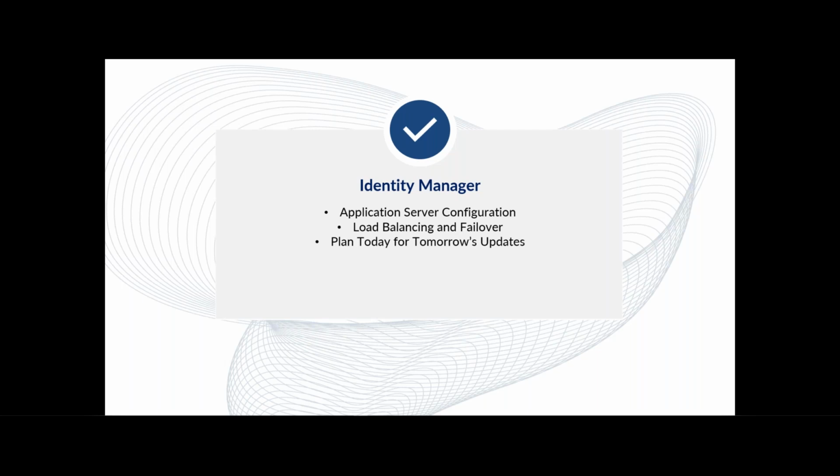So when you're doing installs, one of the key things that we see quite a bit is customers failing to plan today for tomorrow's updates, right? We see customers take the approach that nothing will ever change in their deployments.